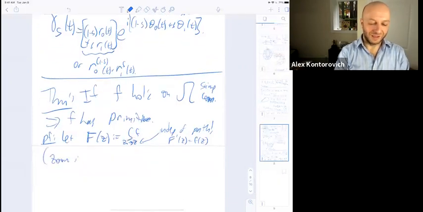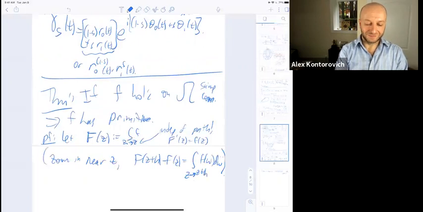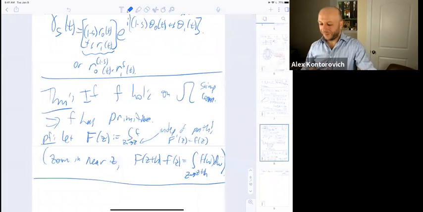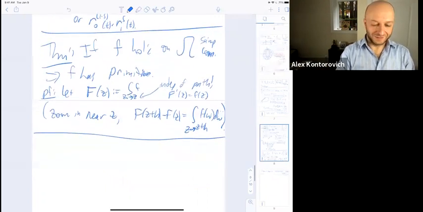Zoom in near z, so F of z plus h minus F of z is the integral along a straight line from z to z plus h of f of w dw, and so on. Okay? Does this make sense? And now here's a nice theorem. How do you prove something isn't simply connected?